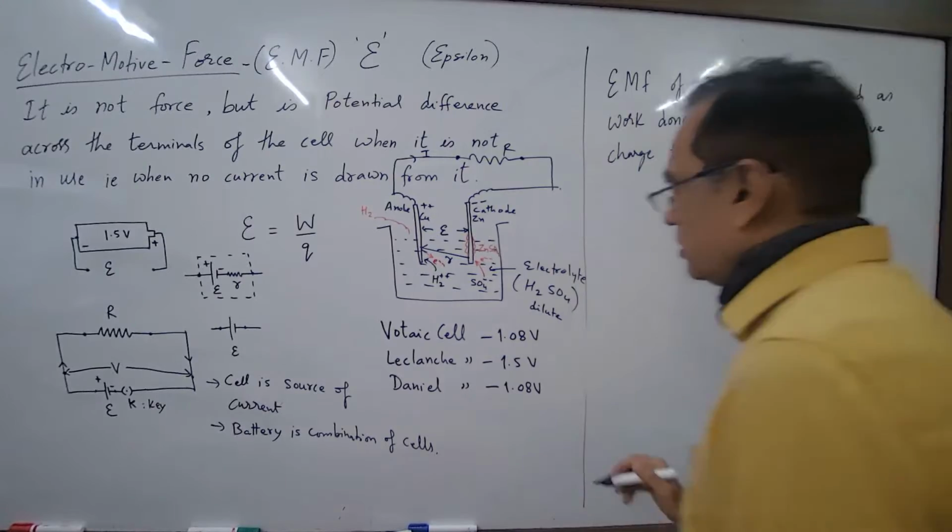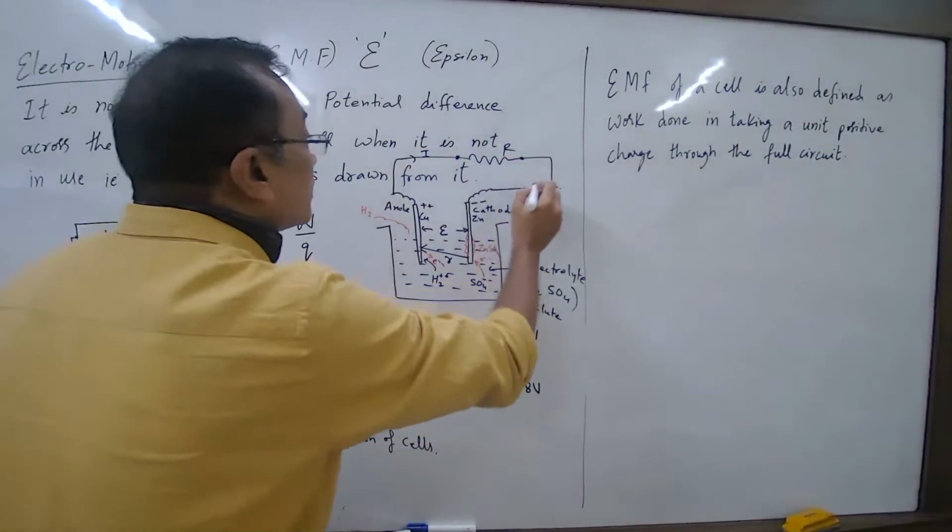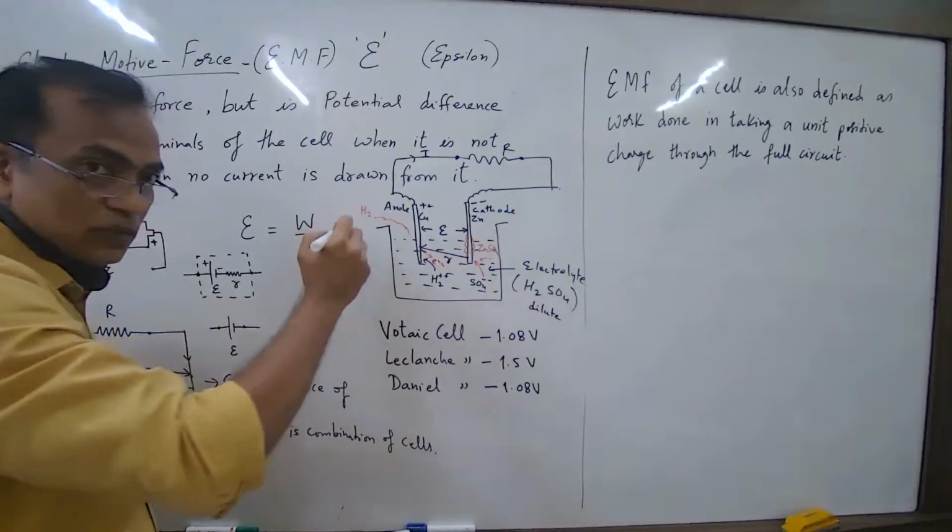What is the full circuit? The full circuit is the external circuit and the internal path through the cell.